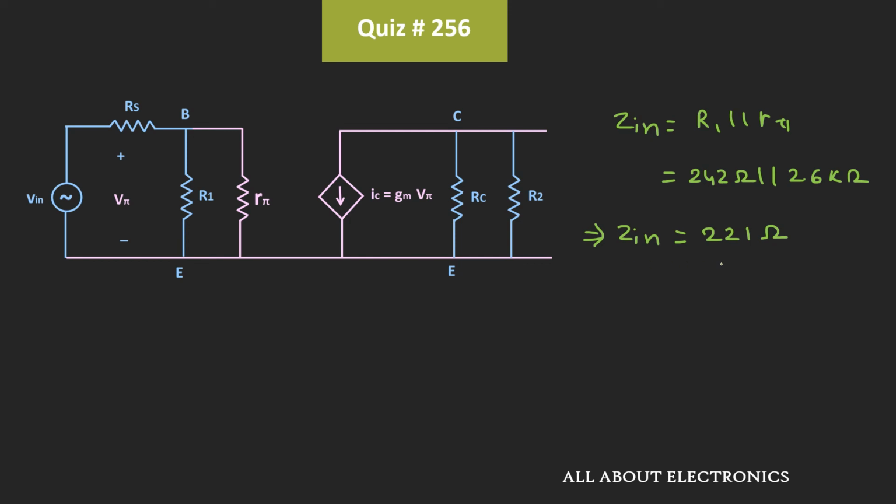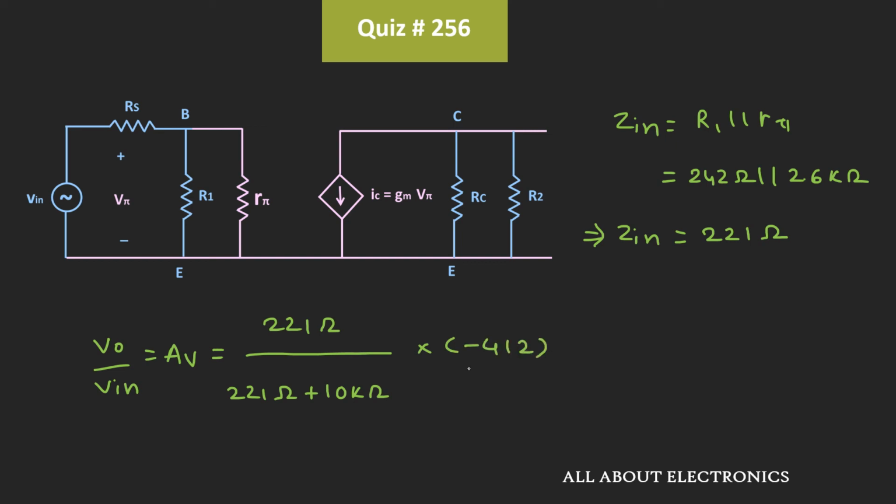Once we know the value of this input impedance, we can find the ratio of Vout and Vin, that is the overall voltage gain. That means Vout divided by Vin will be equal to 221 ohm divided by 221 ohm plus 10 kilo ohm, and that will get multiplied by AVB, that is equal to minus 412.